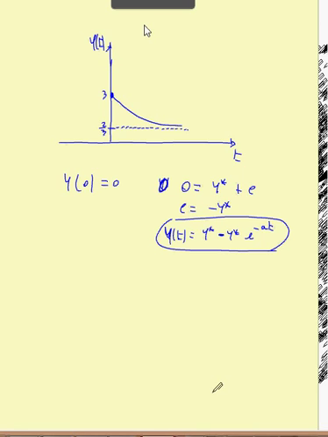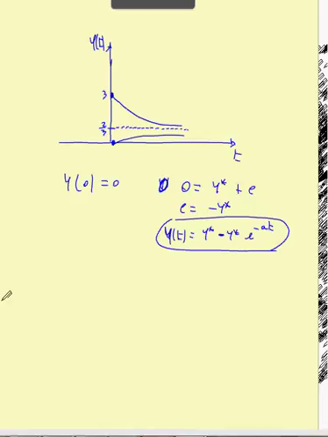The particular solution is y of t equal to y star plus y0 minus y star, which multiplies e to the power of at, where y0 is the value of the variable at time 0, the initial condition.